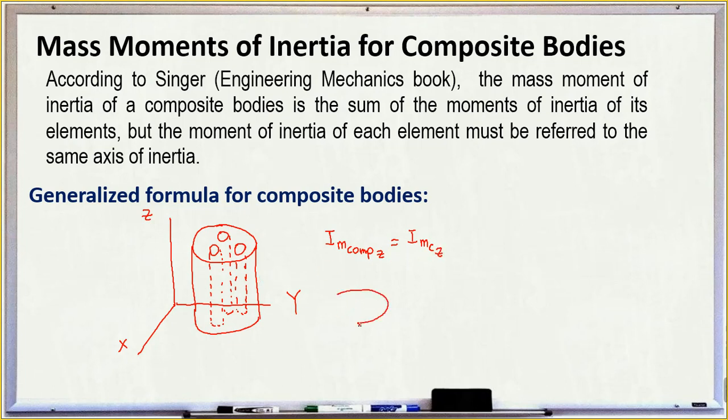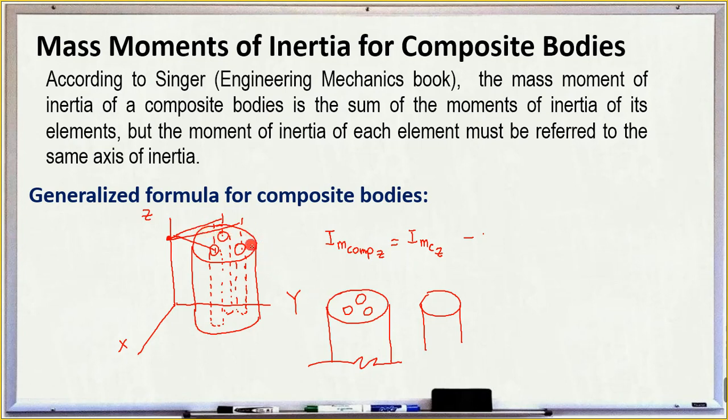So again, let's draw it. So this is it. So it is equal to the mass moment of inertia of the cylinder minus the mass moment of inertia of these three holes. We cannot just multiply by 3 because the distance of each hole is not uniform with respect to the z-axis. So we need to make sure that the distances are defined.